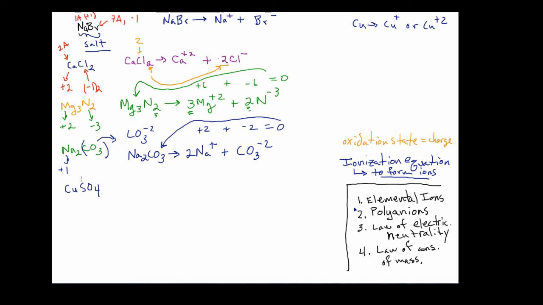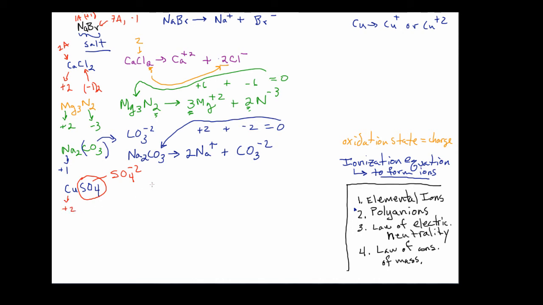Well, the way that you do that is you've got to know your polyanion, which is right here. The sulfate has a formula which is SO4, and its charge is -2. So the law of electrical neutrality says that whatever the copper is, it has to match up exactly with the charge on this in order to maintain electrical neutrality, and therefore the copper in this case has to be +2.